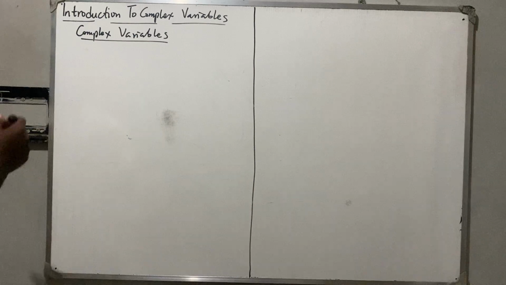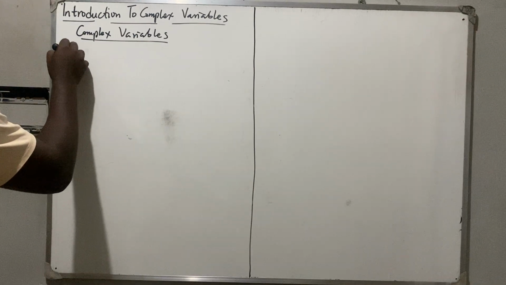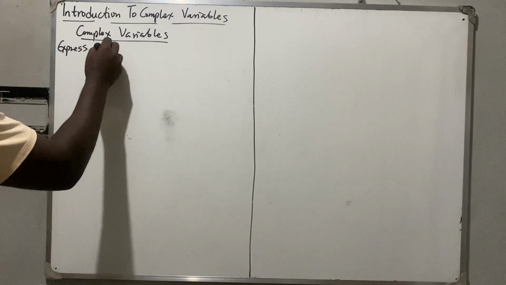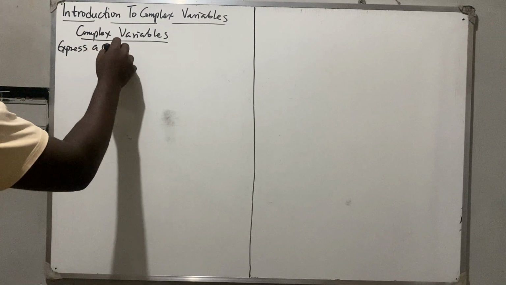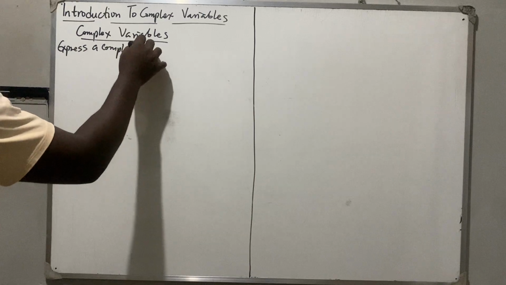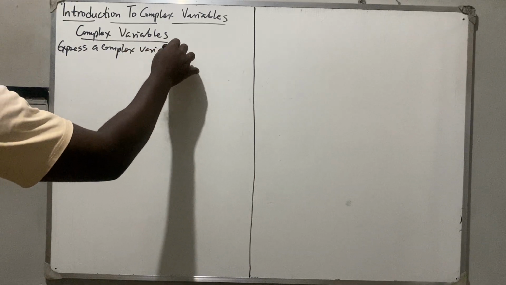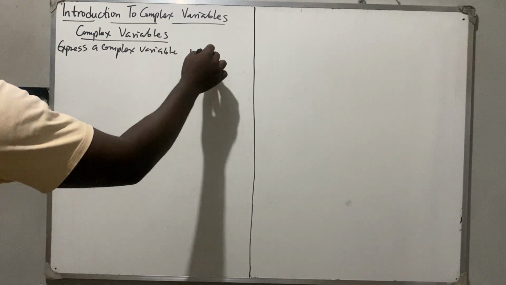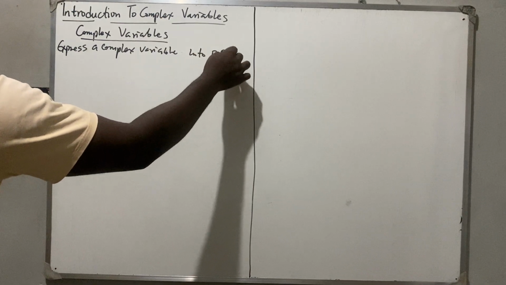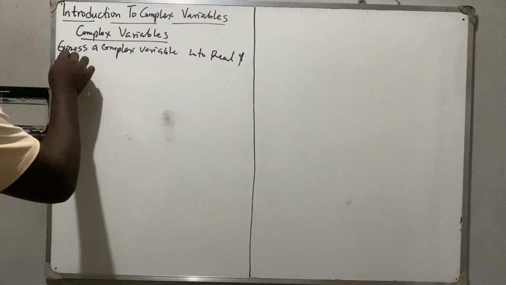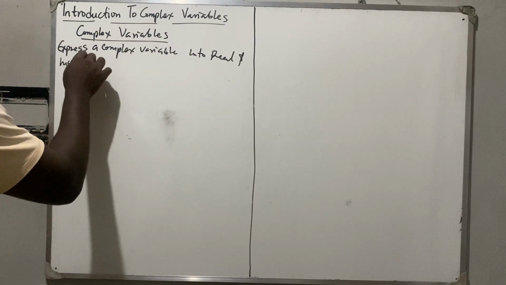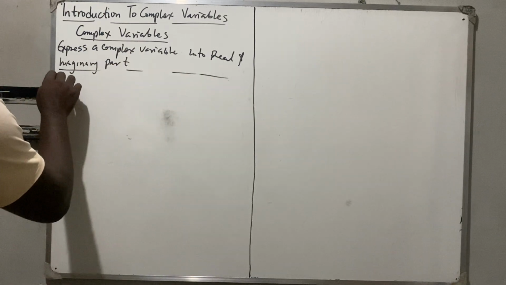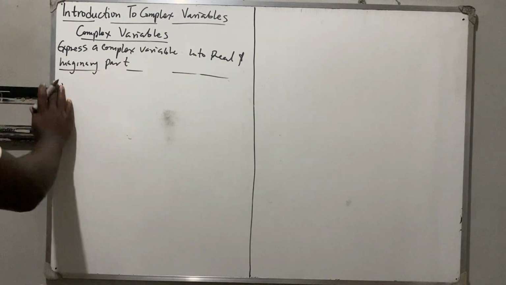So the first one is how to express a complex variable into real and imaginary parts. Example, let's go straight to it.